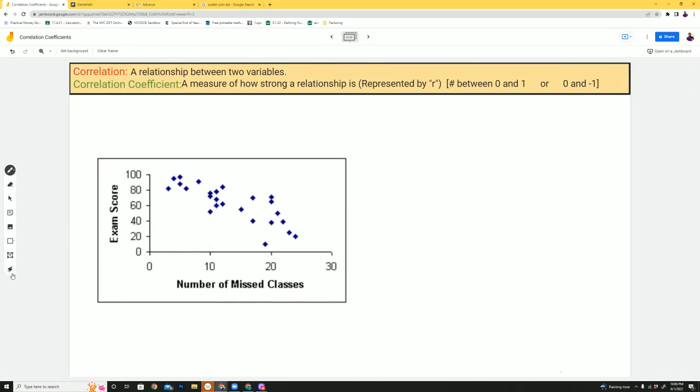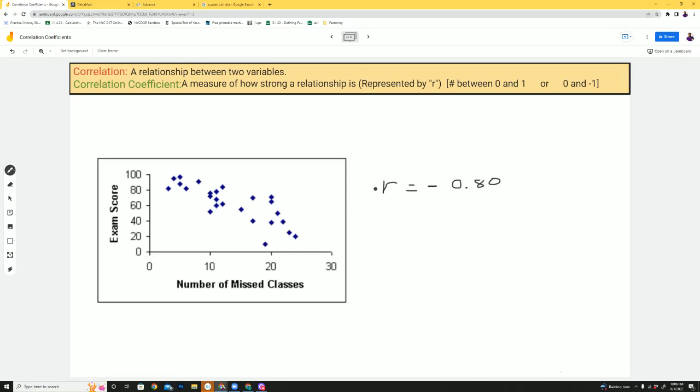Now let's take a look at a few examples. Here, if I were to draw a line, I see we're comparing exam scores and number of missed classes. I see the line going downward, and while it's not a perfect straight line, it is kind of close. I'm going to estimate that, since it's going downward, it's a negative correlation coefficient, and let's say it's negative 0.80.